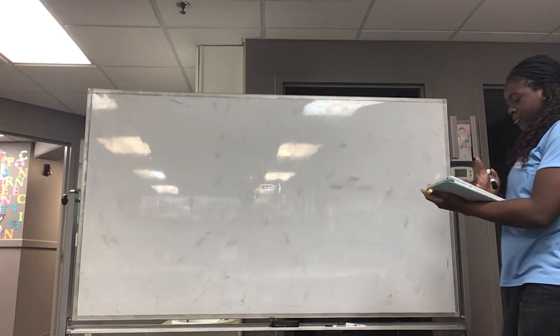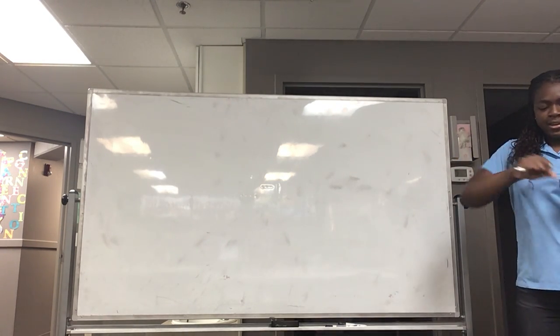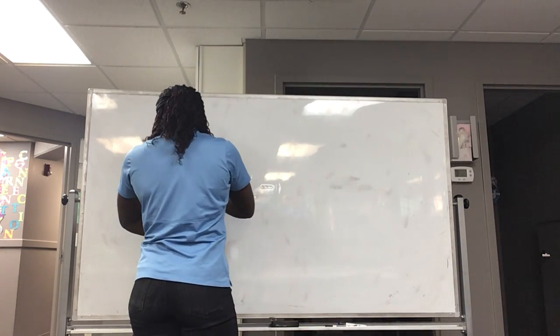Alright, something else that we've talked about while we were doing math was the perimeter of irregular shapes. So I'm going to draw a shape up here and have you guys find the perimeter.